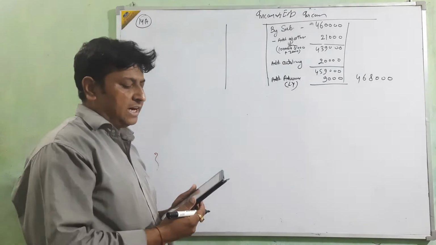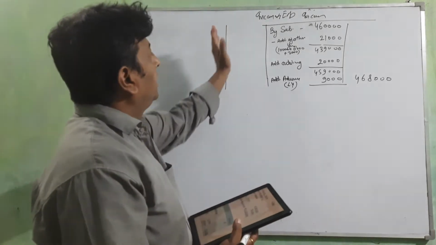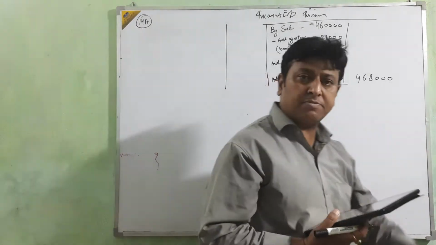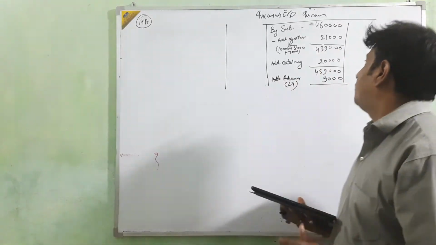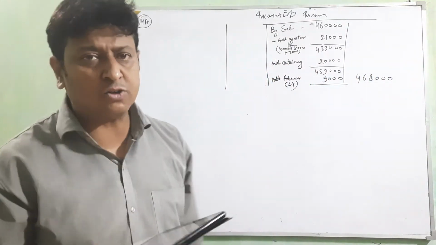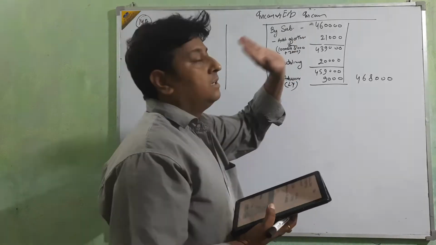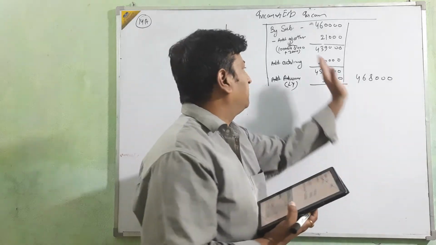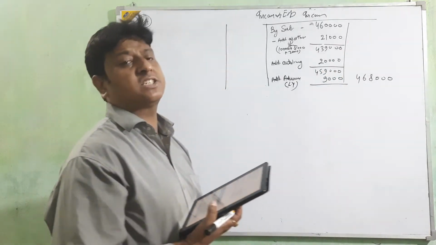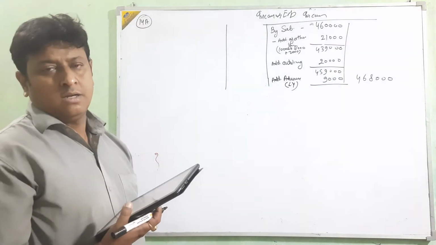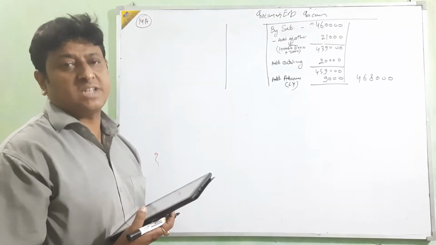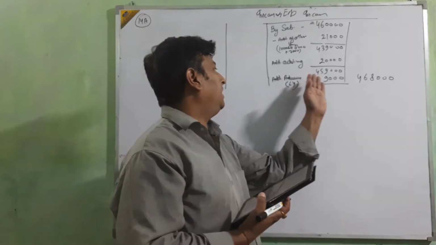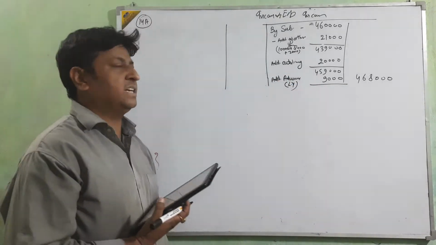In this way, we are going to show this subscription on the income side of the income and expenditure account. First, the subscription that you are receiving during the year, 4,60,000. Then the amount which is included in this 4,60,000 will be deducted, then outstanding subscription of the current year, then add advance of last year.